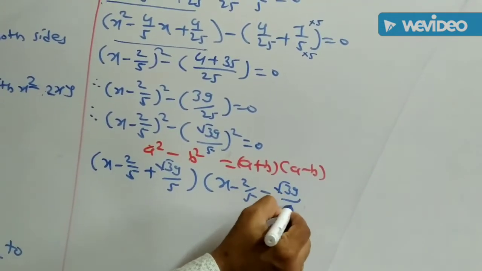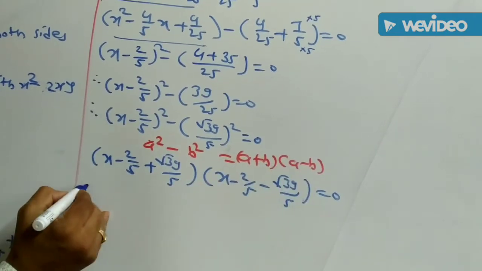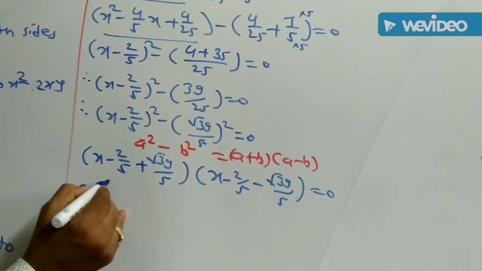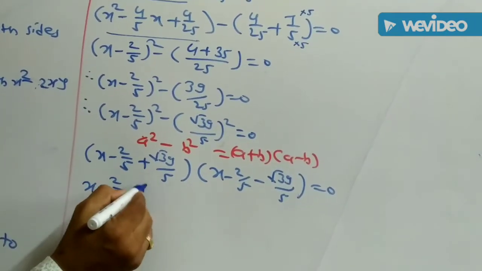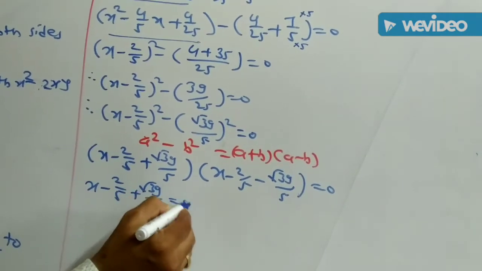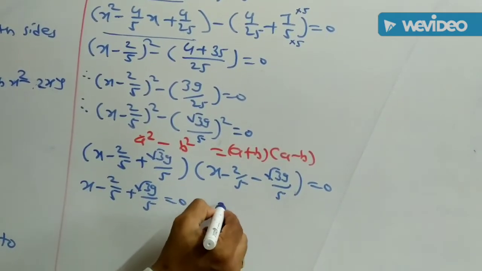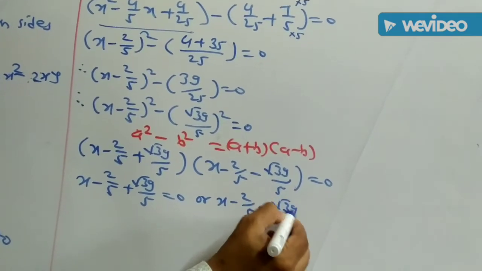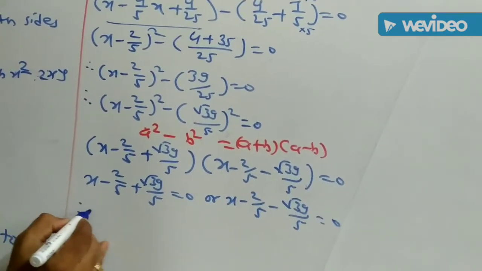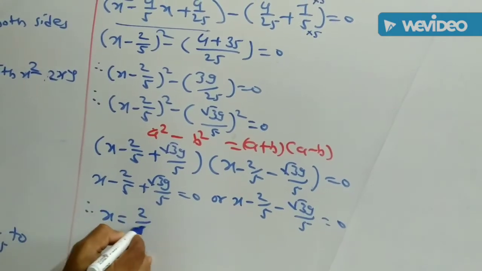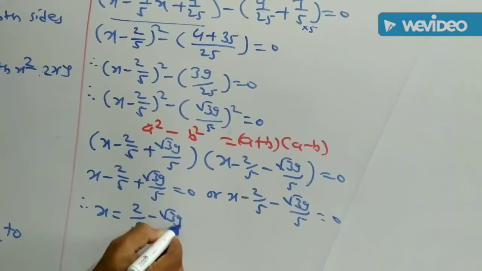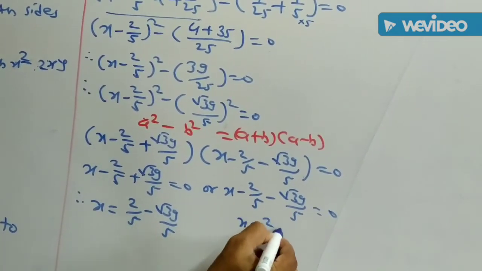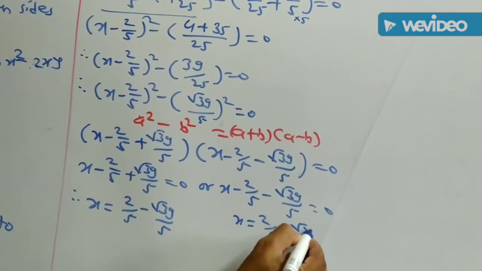root of 39 upon 5, is equal to 0. x minus 2 upon 5 plus root of 39 upon 5 is equal to 0, or x minus 2 upon 5 minus root of 39 upon 5 is equal to 0. Minus gets converted to plus and plus gets converted to minus. Here minus gets plus, minus gets plus.